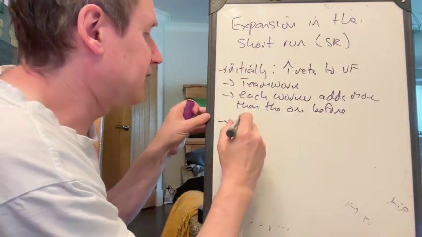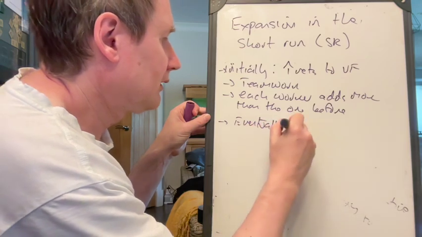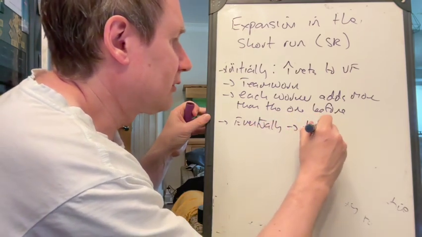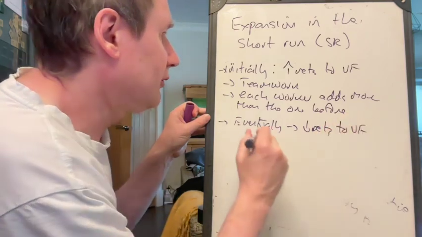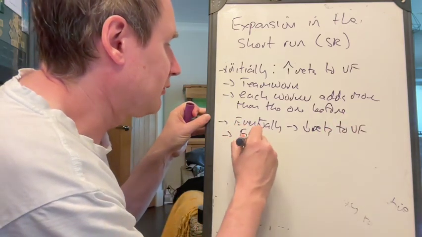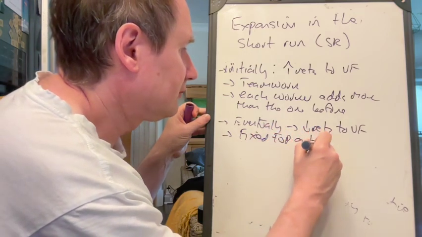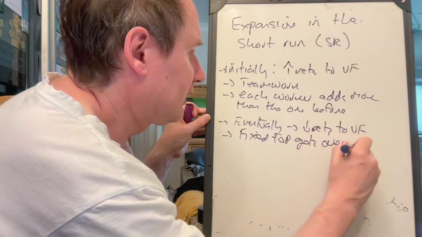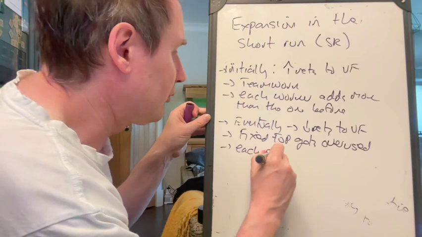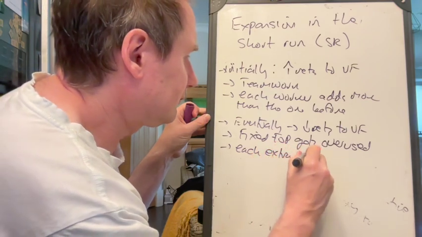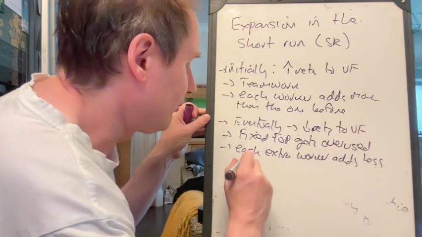After a bit, eventually we have diminishing returns, decreasing returns, to the variable factor. And the reason is that the fixed factor of production gets overused. There's less space to work in, less spare equipment, and therefore each extra worker adds less than the one before.